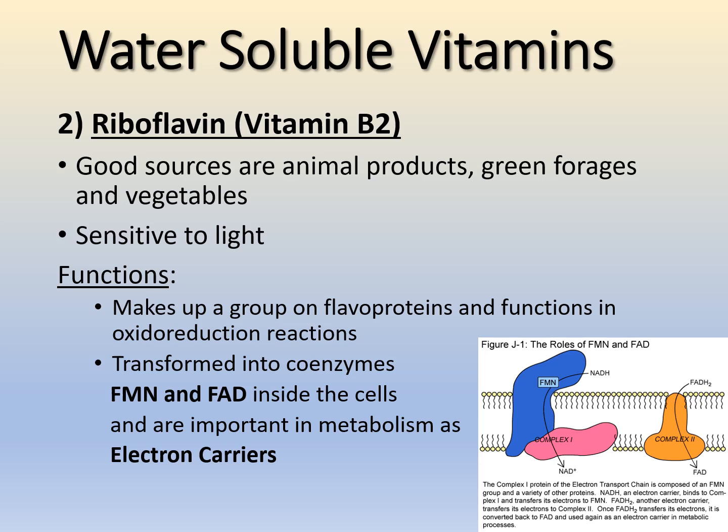A big function for riboflavin is another coenzyme function. It's a coenzyme for FMN and FAD, which are those important electron carriers in the cellular respiration cycle. So another big coenzyme in cellular respiration.